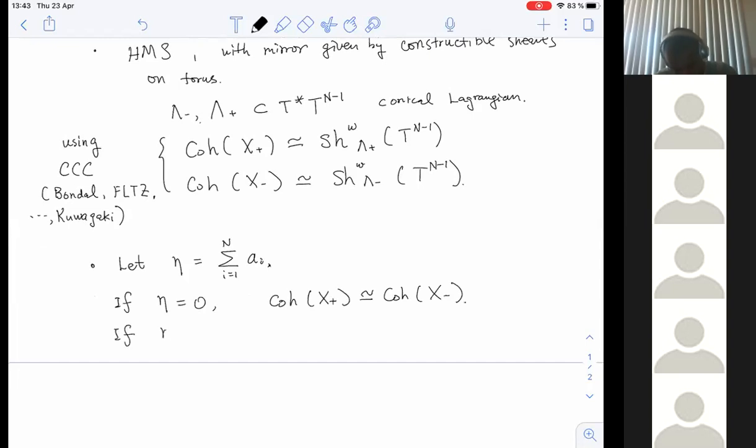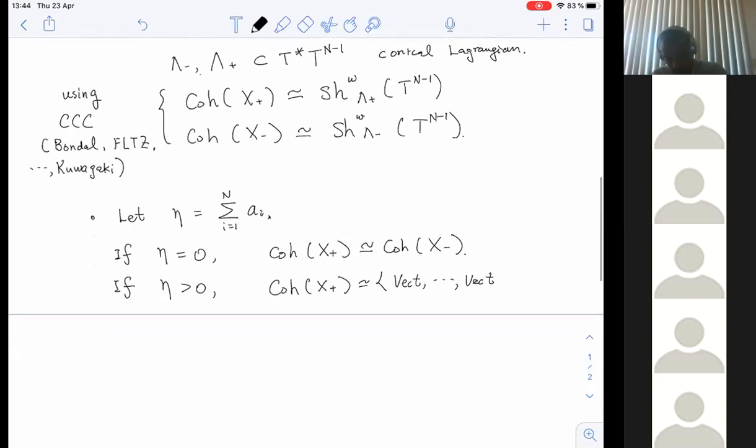And if eta is positive, then there is a semi-orthogonal decomposition of X plus, which is the bigger guy. Let me write it schematically as follows. The vector represents the category of just a vector space, or you can think of these vectors as exceptional objects.